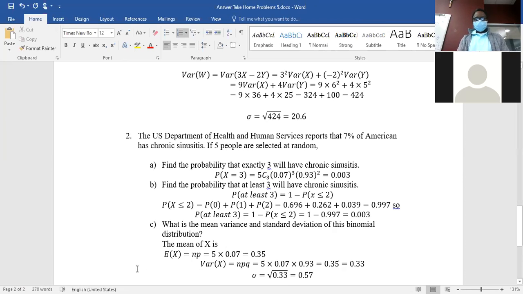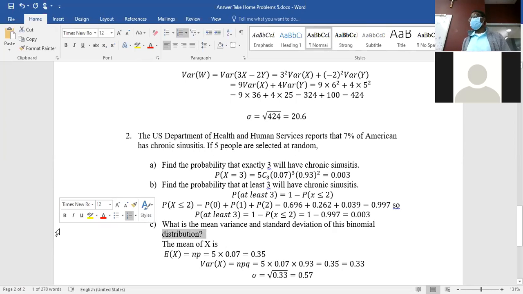Let's do that one. Some of you are still writing. Okay, then we can use the calculator. The probability of success is 0.07. Number of trials is 5. Second function, binomial PDF.